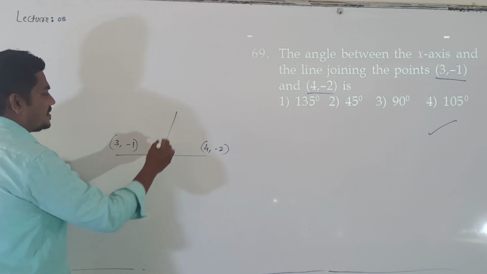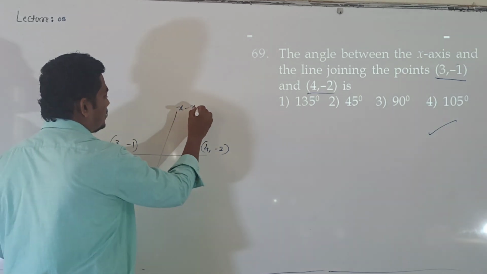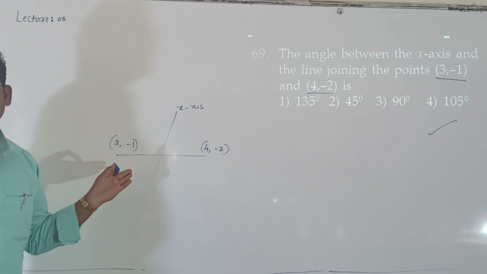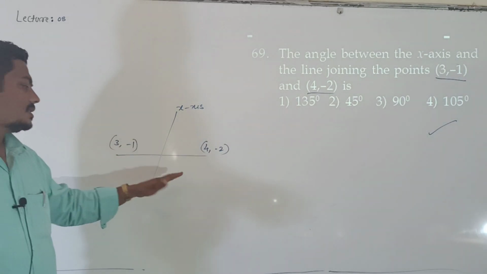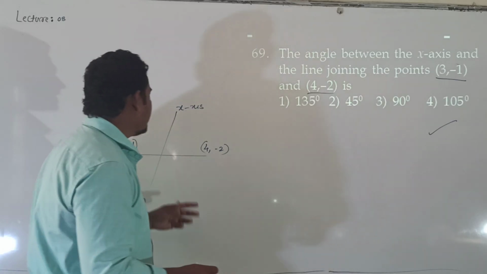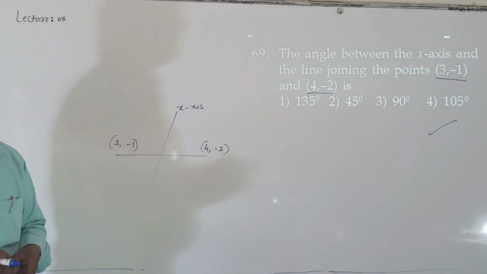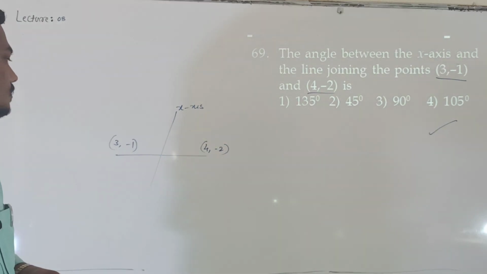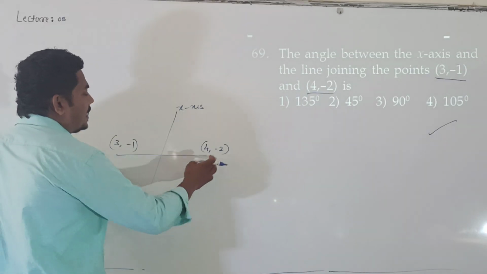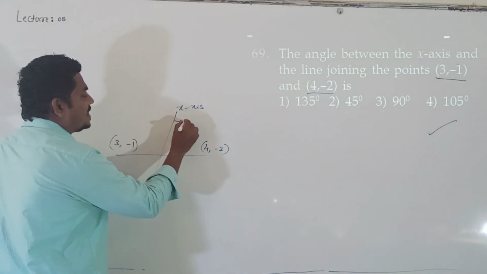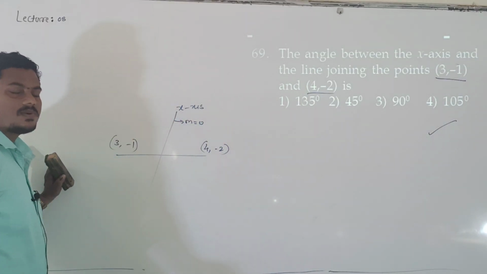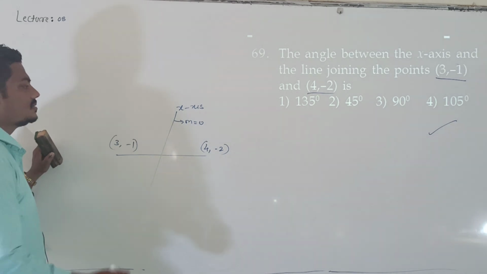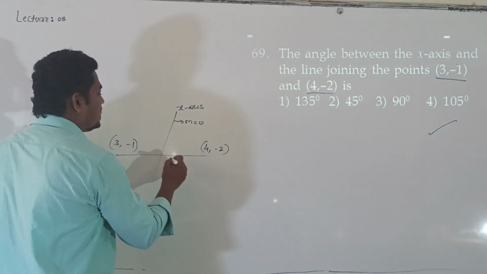Suppose this is the x-axis. Usually it is not the x-axis, right? Angle between x-axis and line joining these 2 points. Already you know the slope of x-axis is 0.